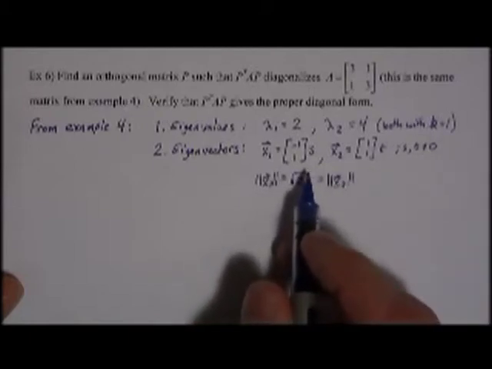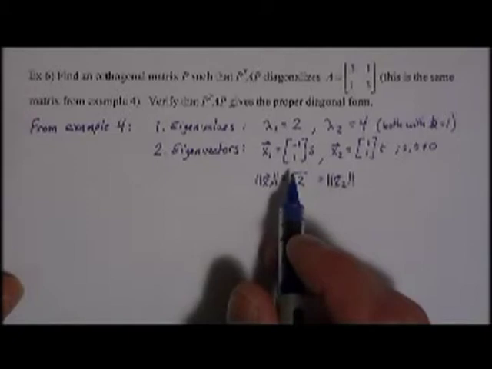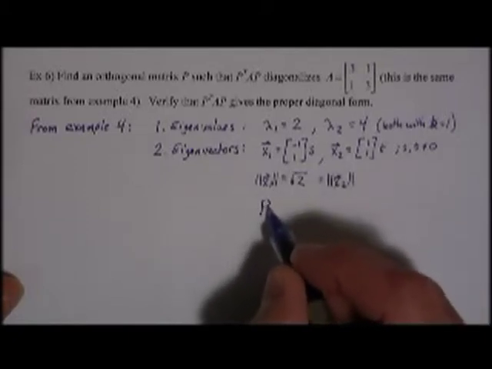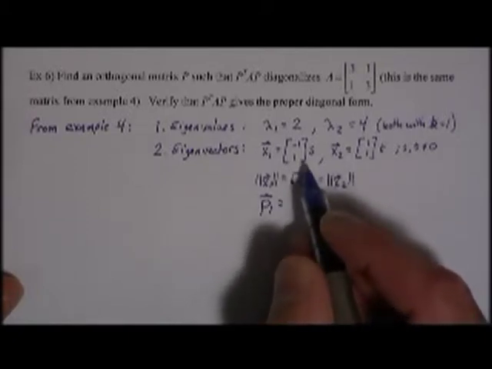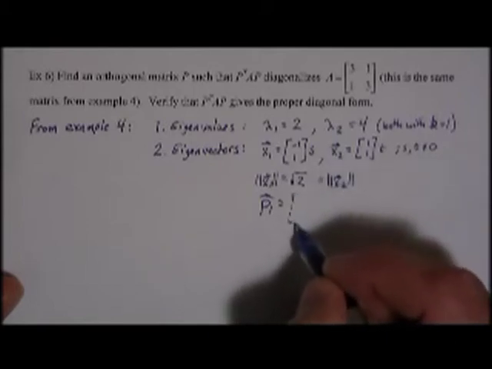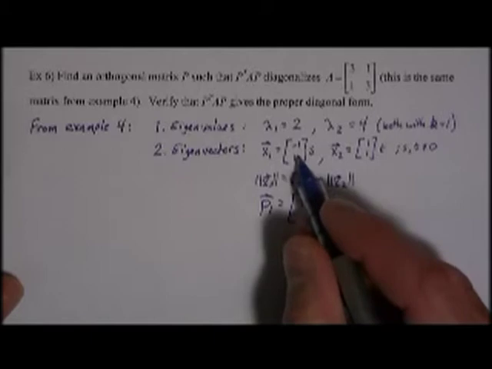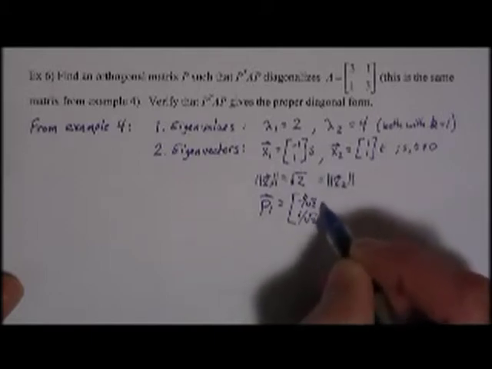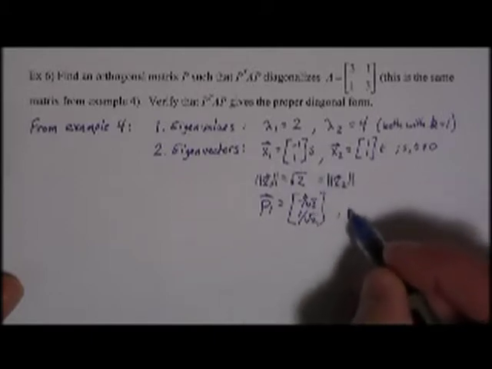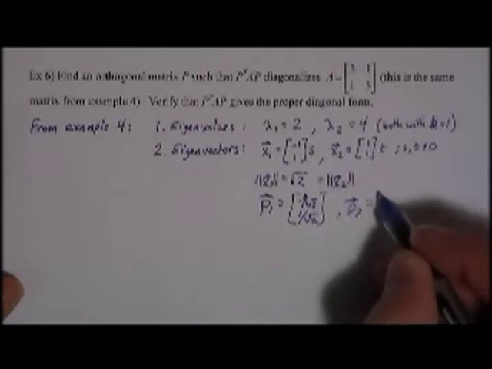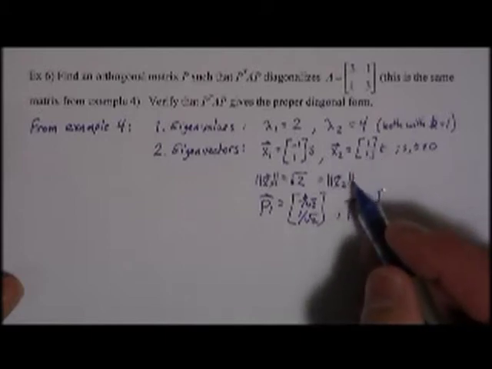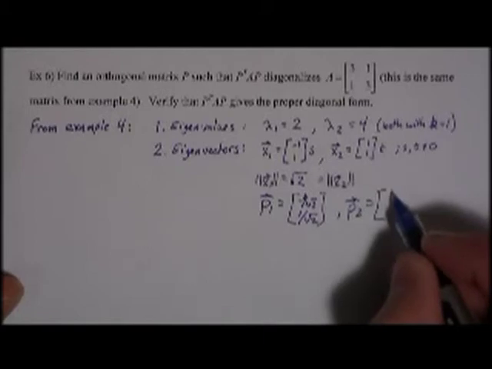So we normalize them, and we're going to call these normalized vectors p. So p1 would be -1 over root 2, 1 over root 2, and p2 would be 1 over root 2, 1 over root 2.